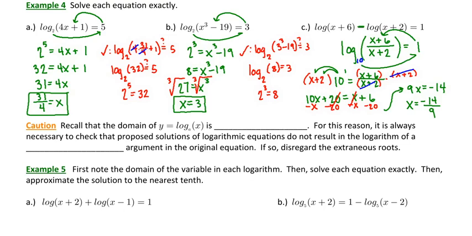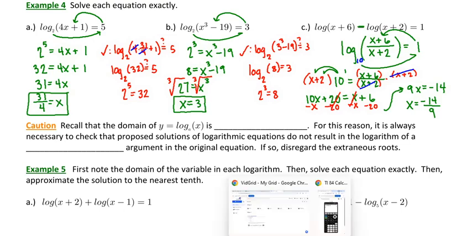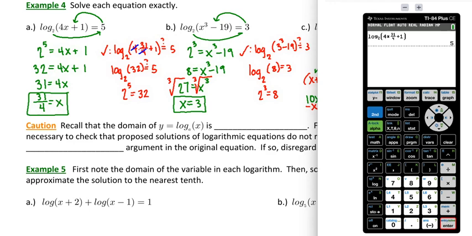Let's see if this one is correct with our calculator. So I'm going to look at the original equation, log of x plus 6 minus log of x plus 2, and we're going to plug in negative 14 over 9 for x, but I'm going to let my calculator do the work this time. Remember, if it's log base 10, I've got that log button ready to go on my calculator.